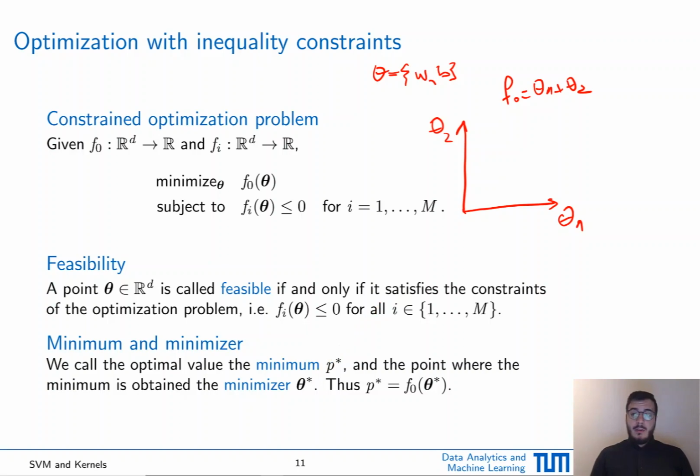Now, let's say in addition to this objective function, we have a constraint f1, which is theta 1 squared plus theta 2 squared minus 1. And what we're trying to enforce is that f1 is smaller than 0. Geometrically, this means that we're trying to enforce that the parameters theta live inside the unit circle.